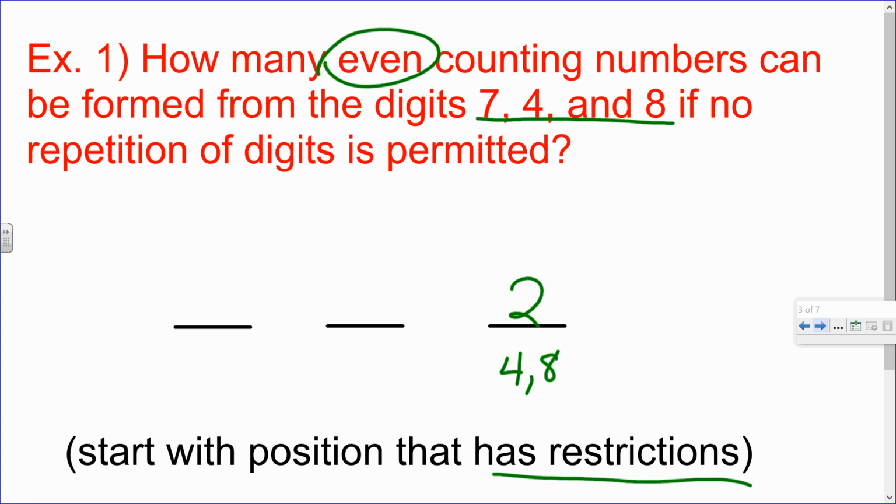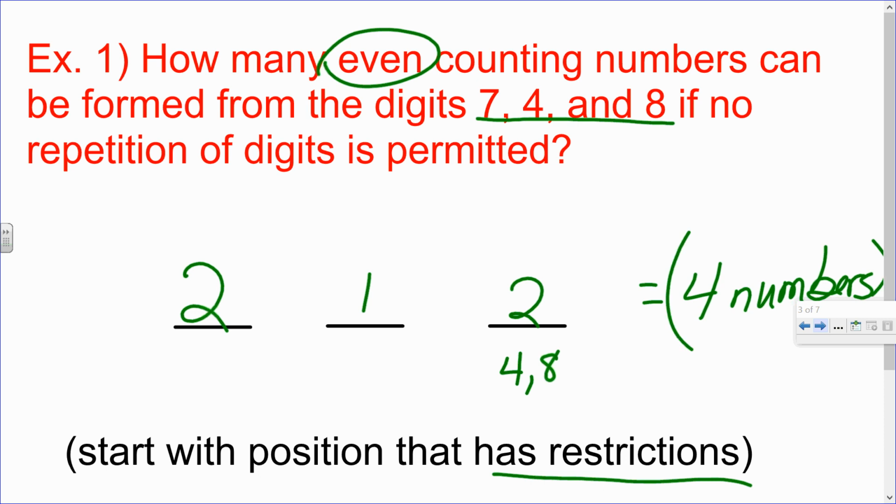How many choices are left? 2. I've picked one number, I just don't know if it was 4 or 8 yet, so I've got the other 2 that can go there. Now I've filled the hundreds and the ones, and I'm not allowed to repeat. So how many choices are left for the tens digit? Everybody. 1. And if we multiply those, what do we have? So we have 4 numbers.